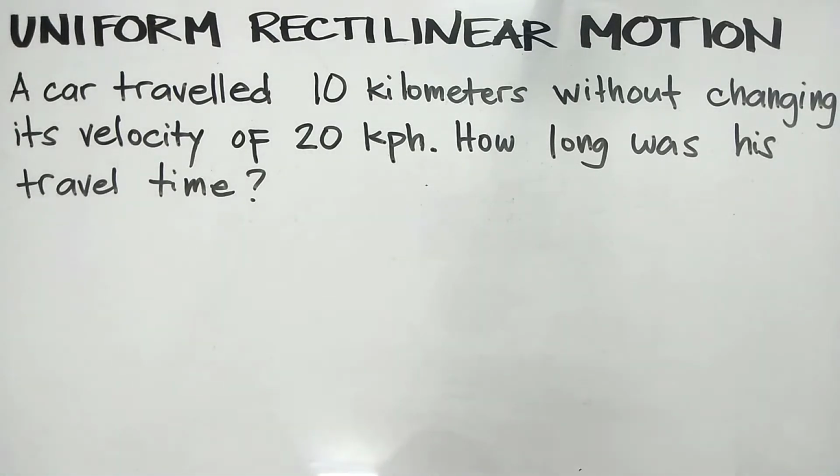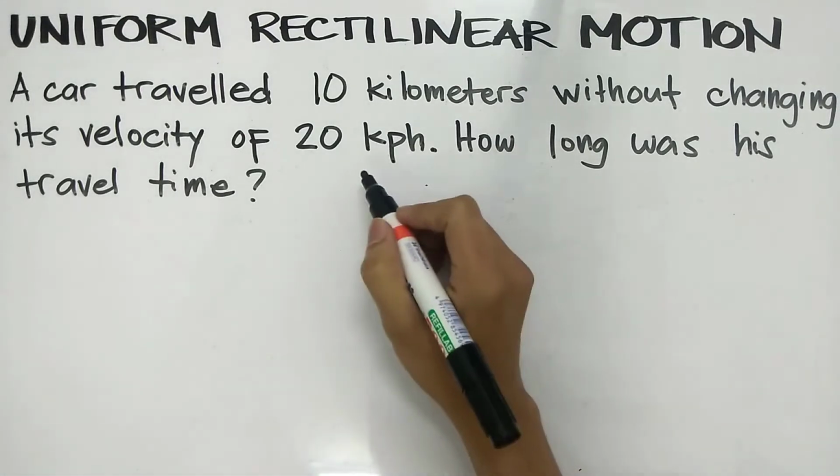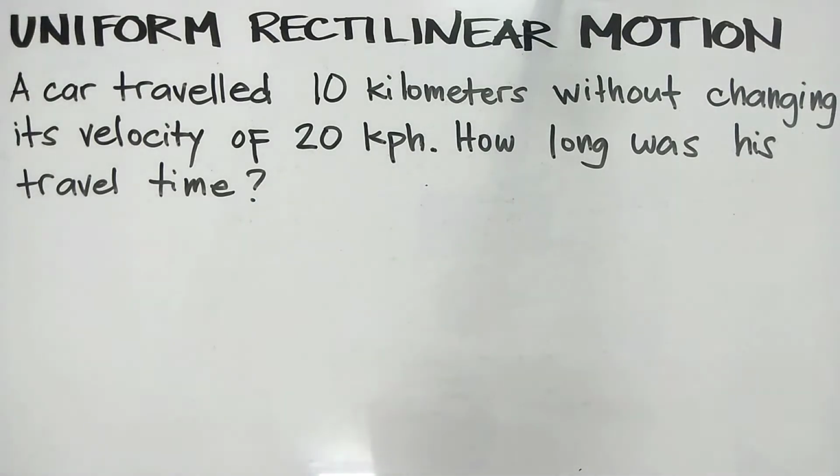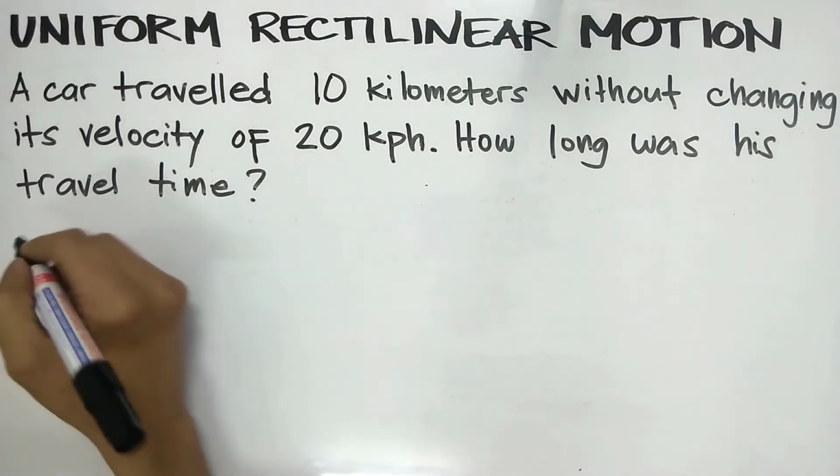We have here a problem: a car traveled 10 kilometers without changing its velocity of 20 kph. This is kilometers per hour. How long was his travel time? So just like in any problem solving, the first step is always to write the given values.